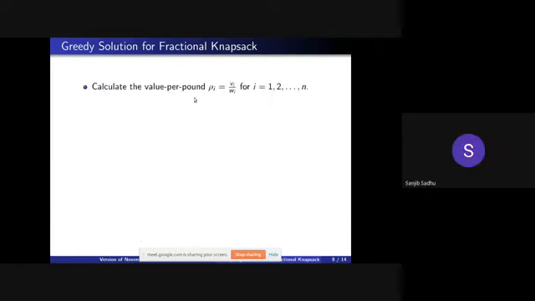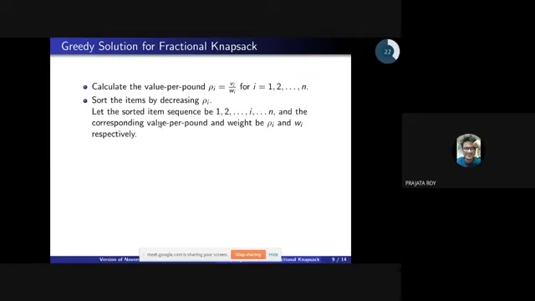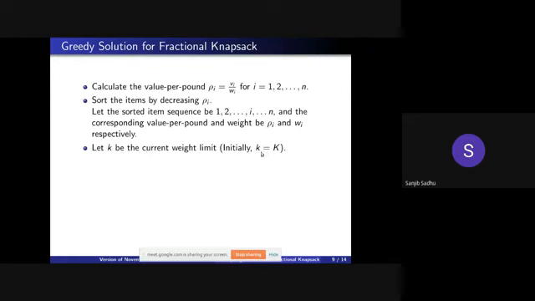So you calculate the value per weight, Vi by Wi, for all items. Sort the items by decreasing value per pound, with the corresponding values and weights Pi, Wi. Let K be the current weight limit.